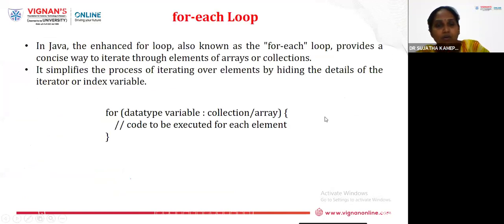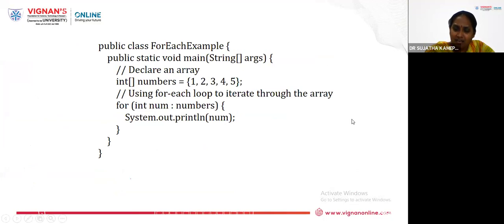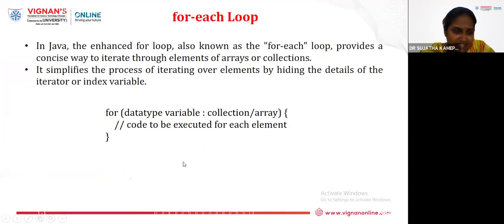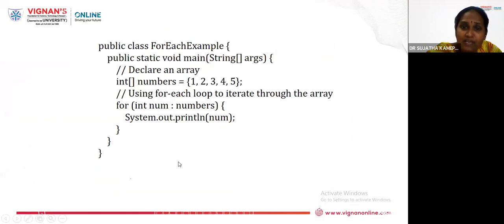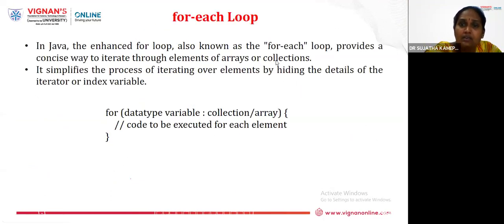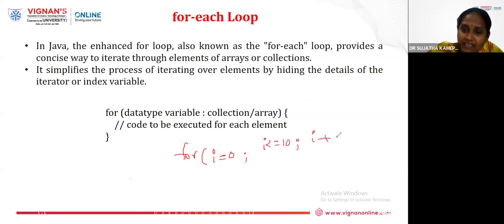Right. Now I want to explain the enhanced for loop, how the enhanced for loop can be used for printing arrays. Generally, how can a for loop be used? What is the general syntax for writing a for loop? Here you can see for i is equal to 0, i less than or equal to 10, i plus plus.